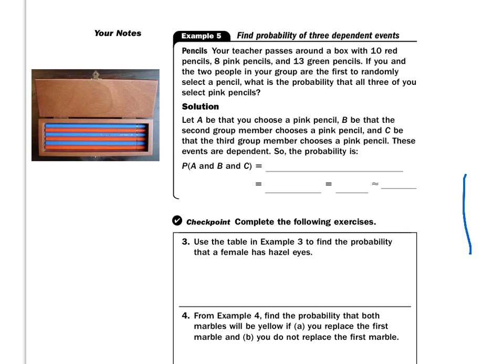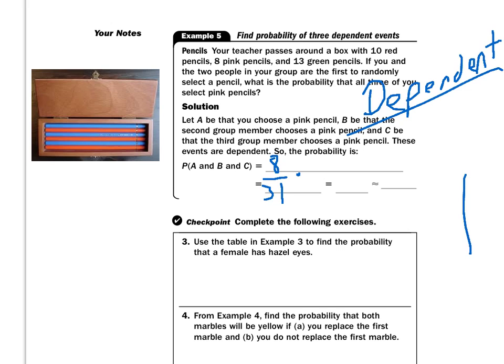Well, this is definitely a dependent event, because you take a pencil and you don't put it back. Your chance of getting a pink pencil if you select at random would be 8 pink ones out of, it looks like, 31.